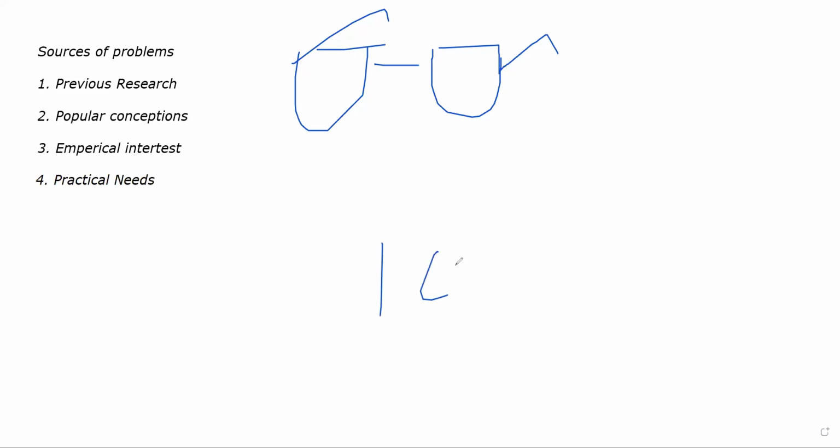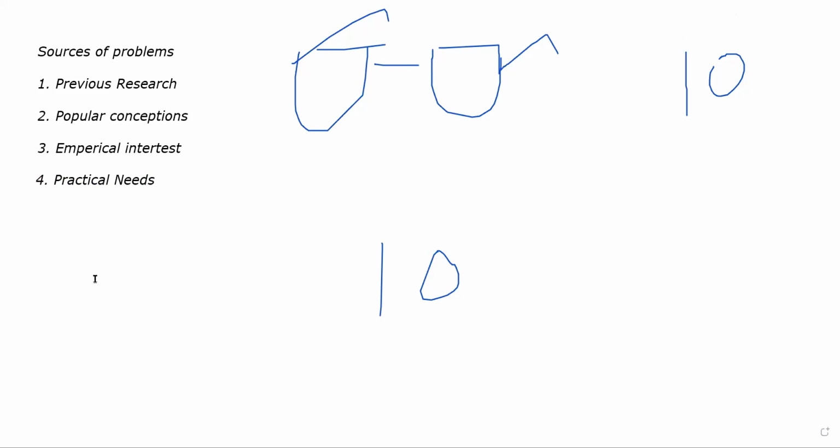None of them have any bed sores, and 10 patients in ward number two, all of them have bed sores. So it might spark curiosity. Does it have something to do with the environment of ward number two? Or maybe the cleaning agent they are using? Does it have something to do with the linen that they are using? Any practical need that can spark a problem wherein you can perform research.